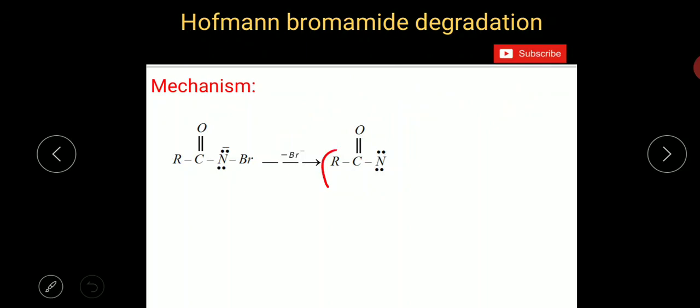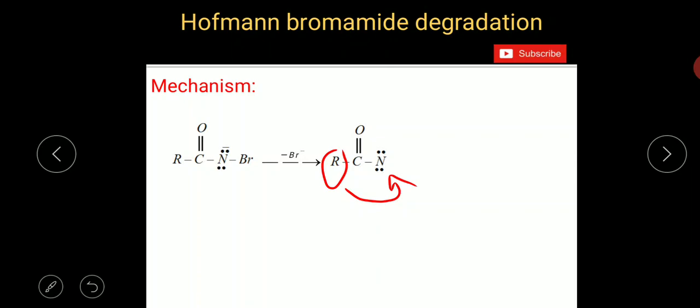The alkyl group bonded to CO will be migrated to nitrogen because nitrogen is electron deficient here. It has 6 valence electrons, 2 electrons short of octet.